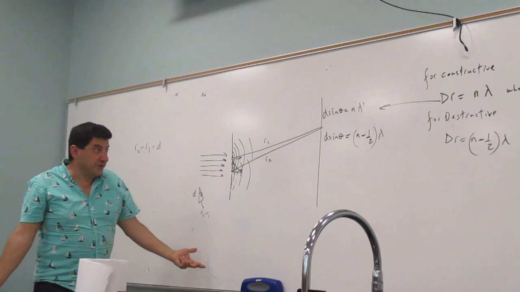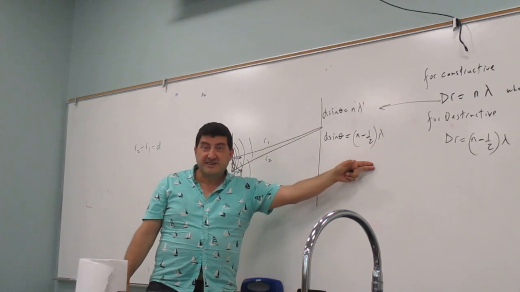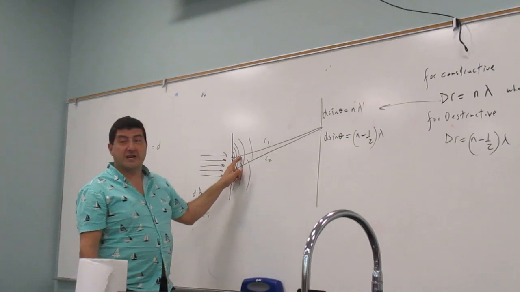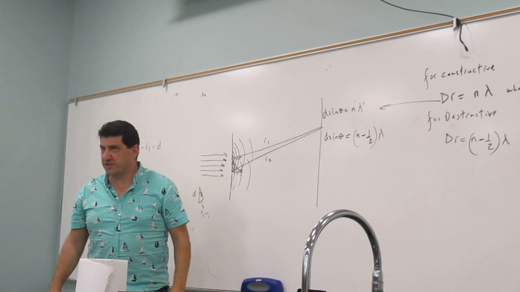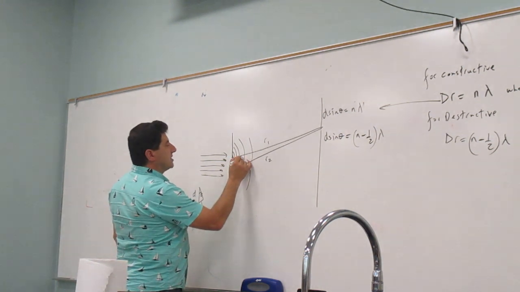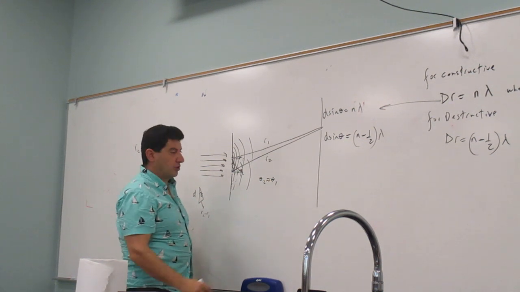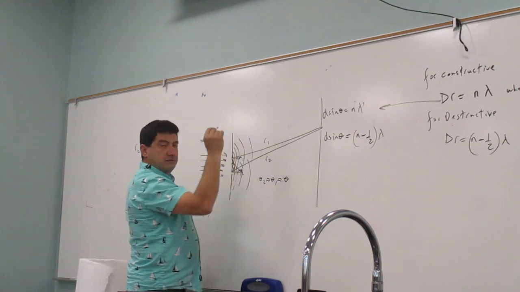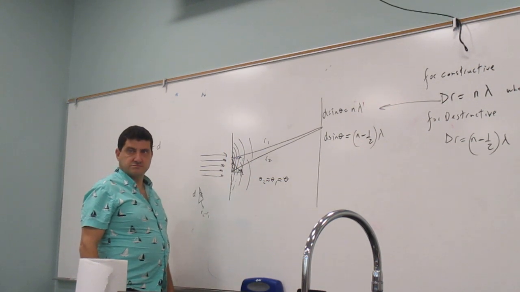Well, the whole point is when the slits are close and the screen is far, this theta is equal to that theta approximately. So it really doesn't matter which theta you're using. So you can say theta 2 and theta 1 are approximately equal, and we're just going to call them theta. Would it be more accurate to add them up and then divide by 2?